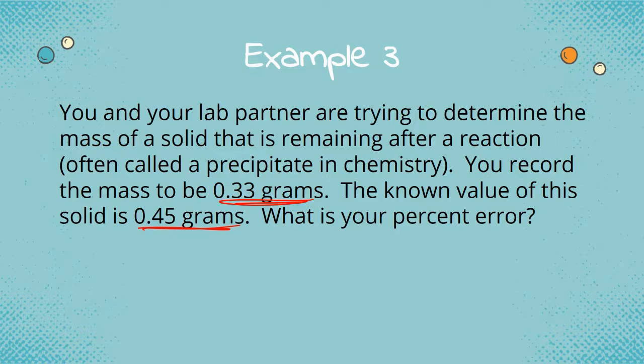Just like we did in our other examples, our percent error is equal to our actual value minus our experimental value divided by our actual value. In this case, the actual value, the value that we're supposed to have, is 0.45 grams.